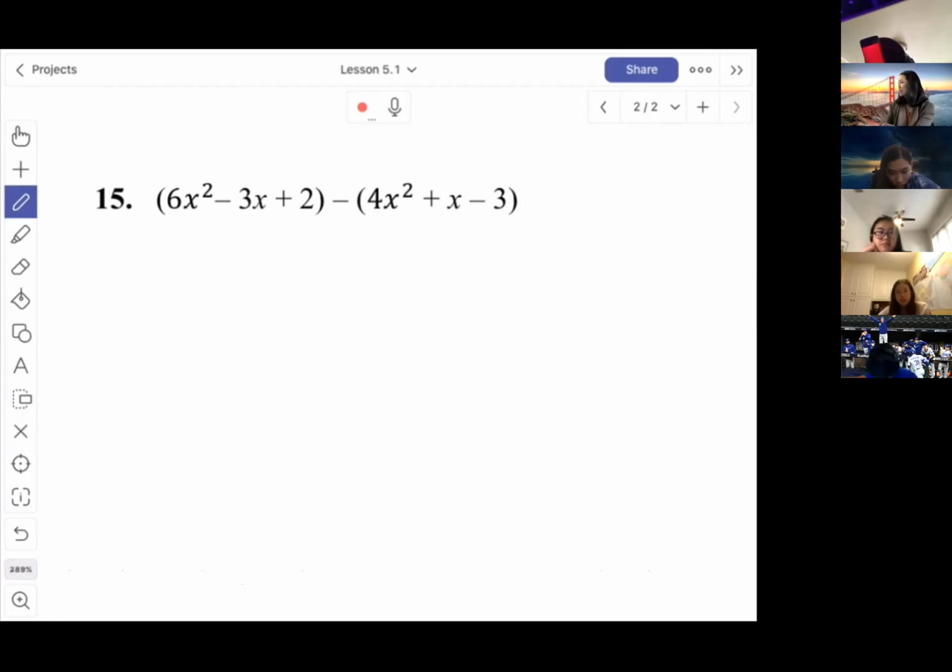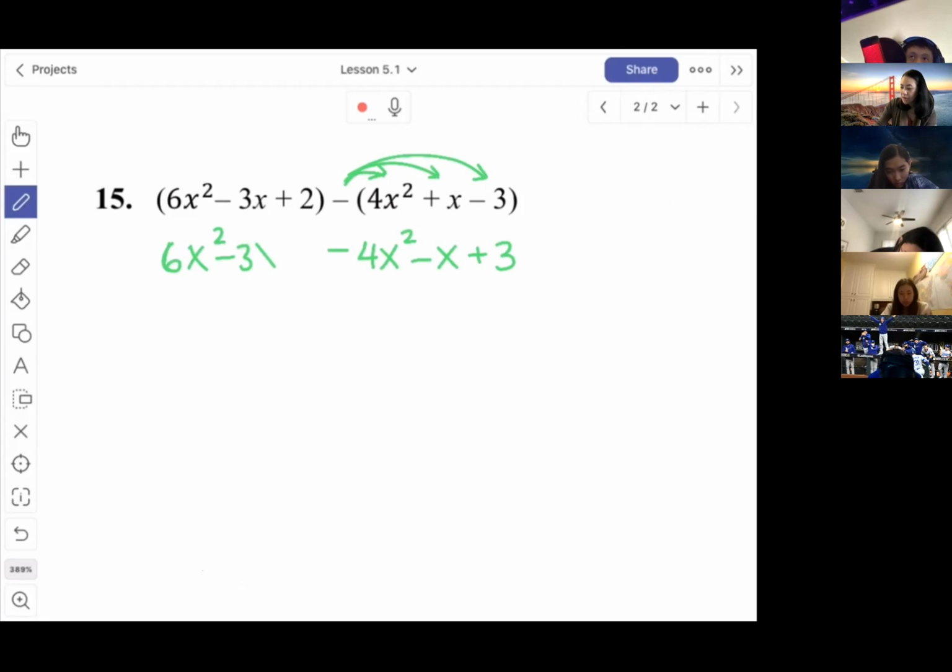Oh, actually, sorry. Well, I guess you can do it for this one too. So basically, I need to combine like terms, right? So here I have a negative. I'm going to be really, really careful with this, and I'm going to distribute that negative to make sure I don't make any careless mistakes. All right. Now, some of you guys are totally fine going from here.